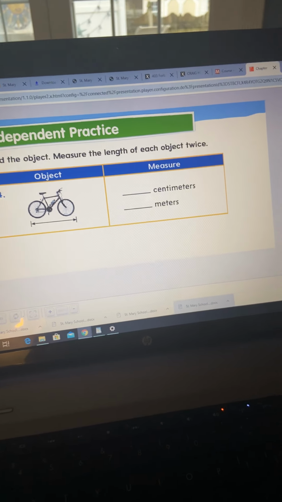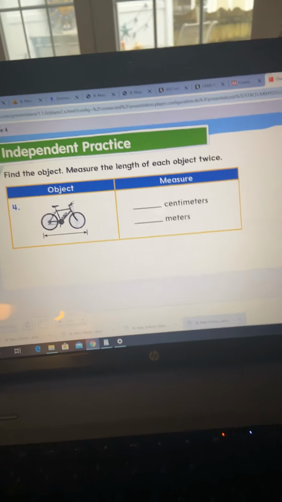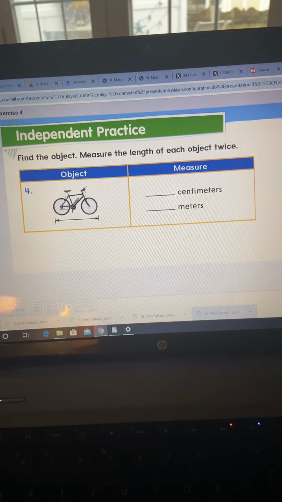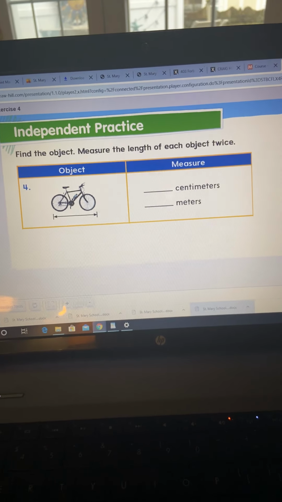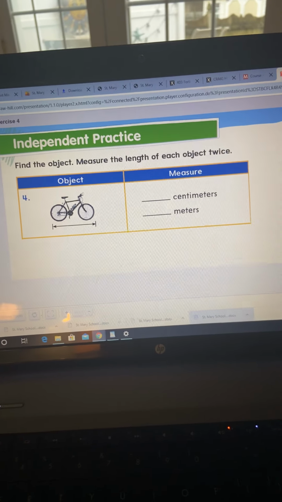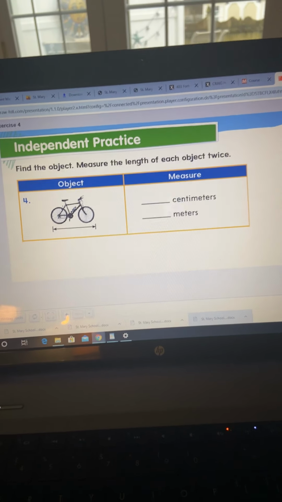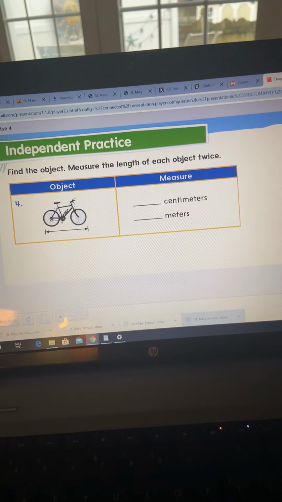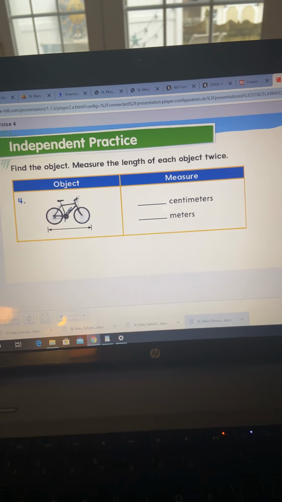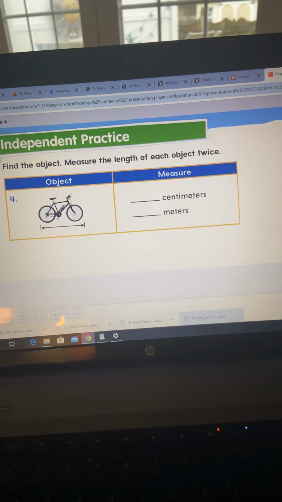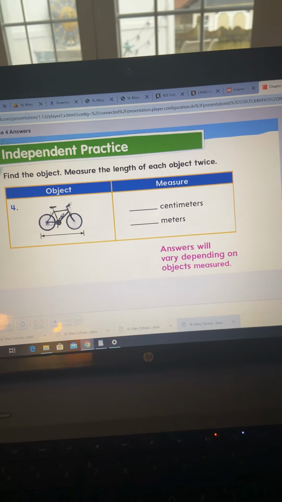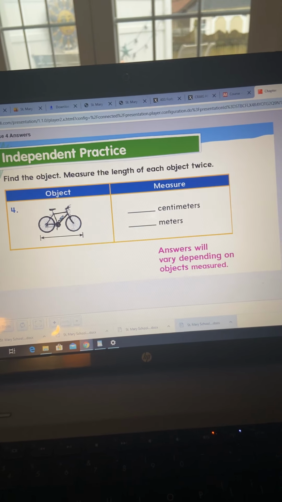Let's say you're measuring a bike. If you measure it in meters, what are you going to say? It's 1.5 meters long. But if you measure it in centimeters, you could give the exact measurement. You could say it's 224 centimeters long. Okay. Now, there are times when you're going to need an exact measurement.